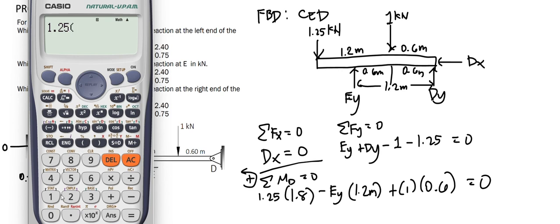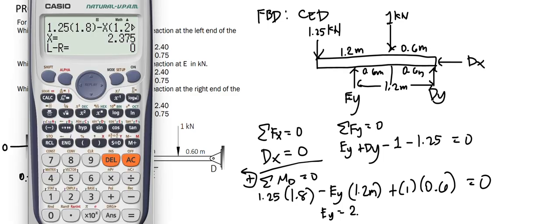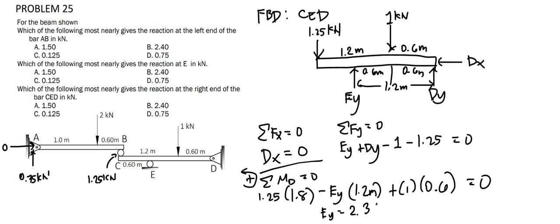1.25 times 1.8 minus Ey times 1.2 plus 1 times 0.6 equal to 0. Shift solve, we get Ey equals 2.375, or approximately 2.38 kilonewtons.